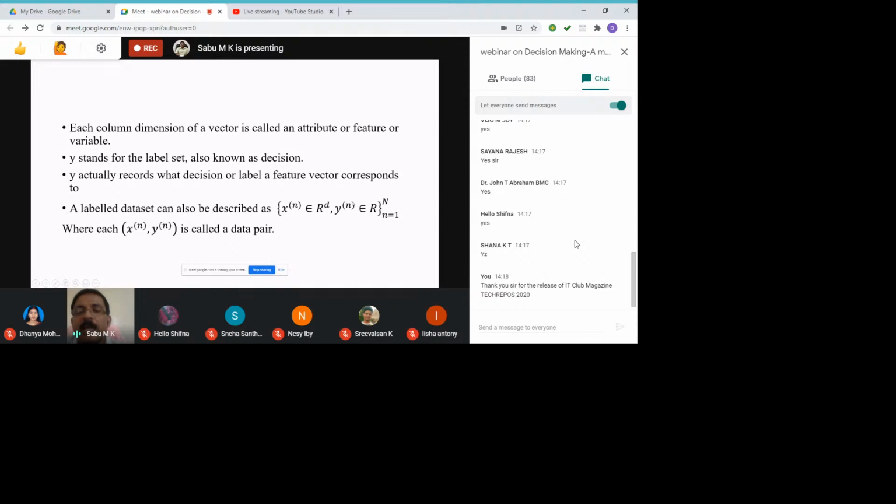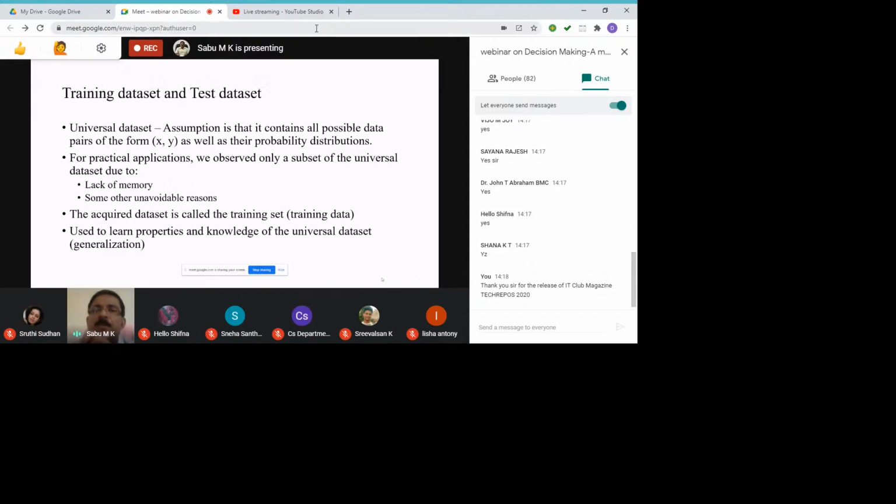I hope all of you are familiar with probability distributions. A number of different probability distributions exist, like binomial distribution, Poisson distribution, normal distribution, t-distribution, chi-square distribution, etc. But in the concept of the universal data set, our assumption is that it contains all possible data pairs of the form x comma y, together with their distributions.